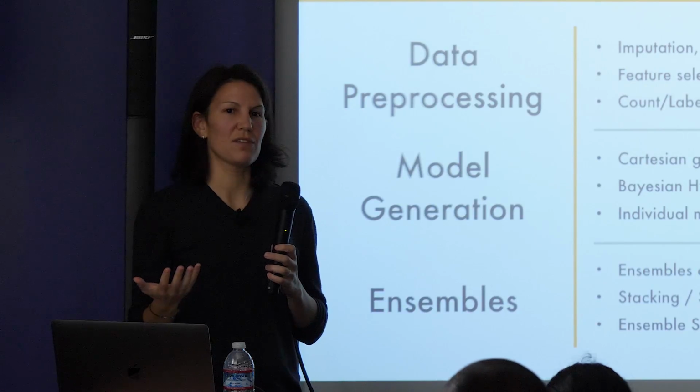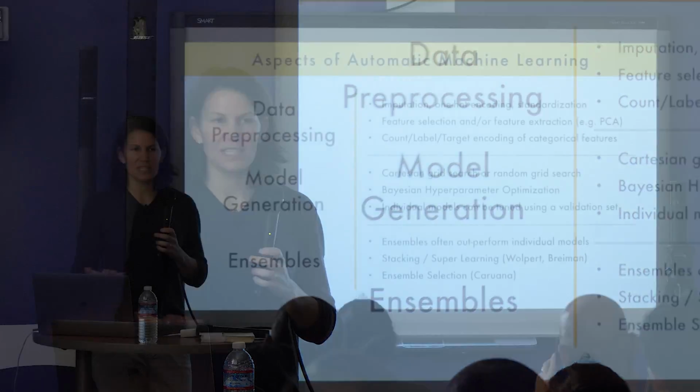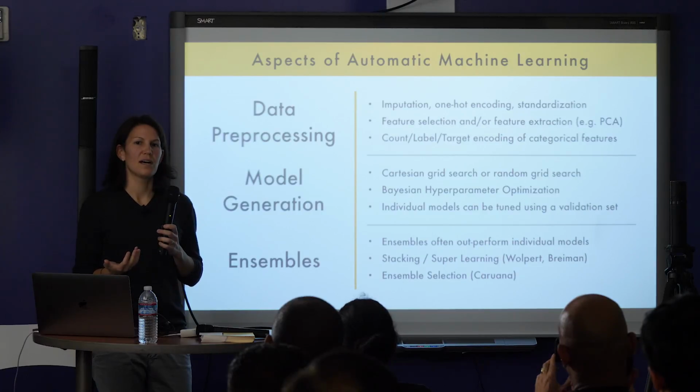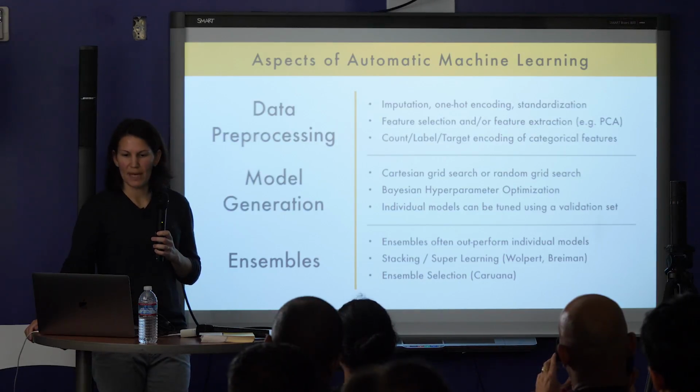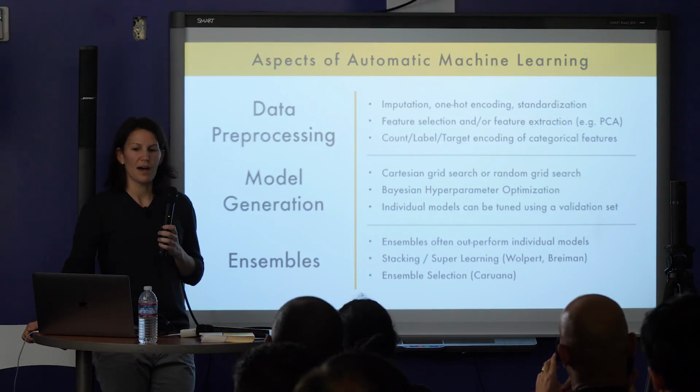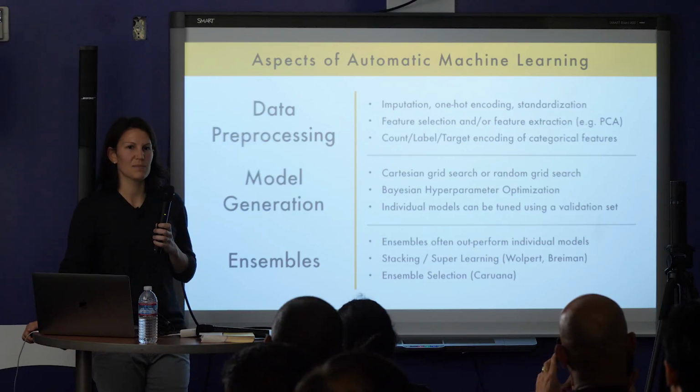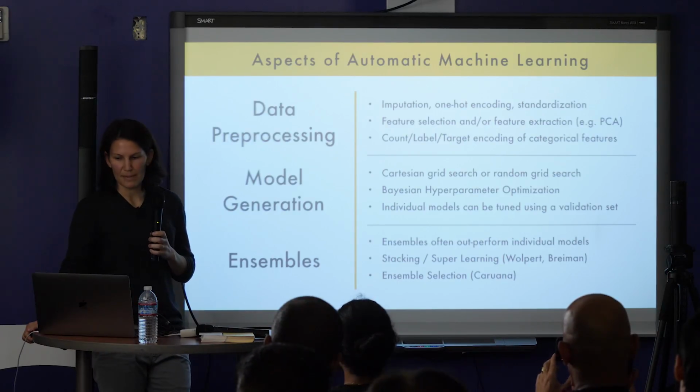Or there's other things you can do that are more intelligent. There's count encoding, label encoding, target encoding. These all have different meanings, and they're just different methods of dealing with these problematic types of data.